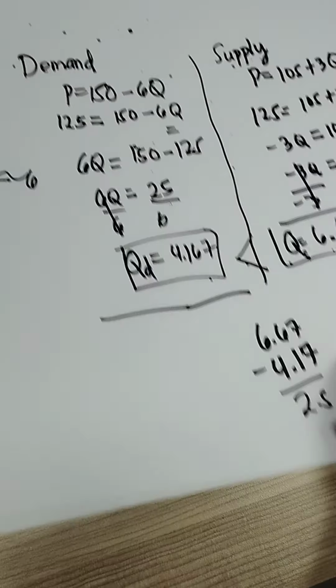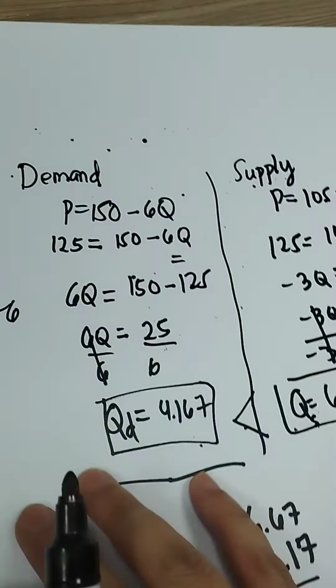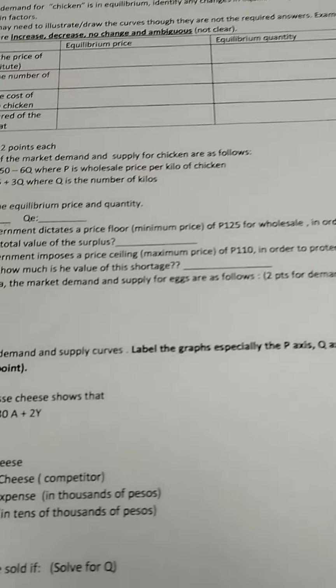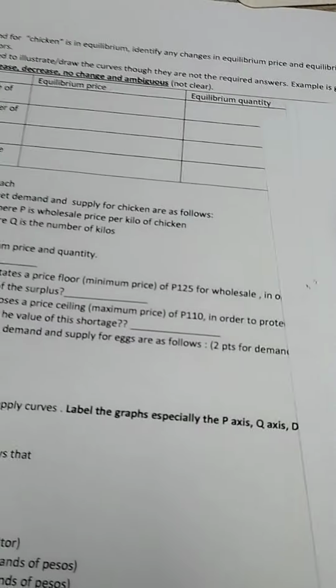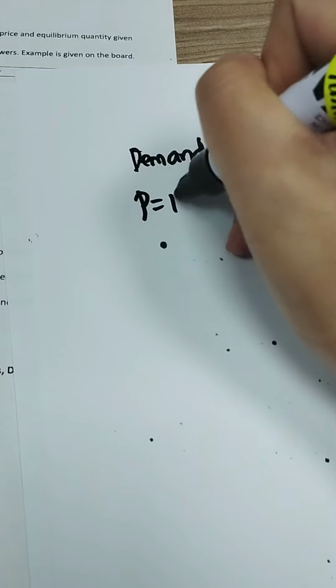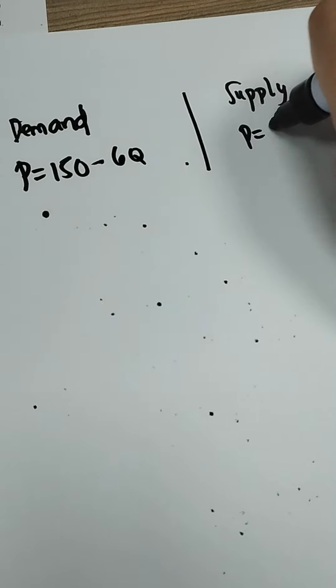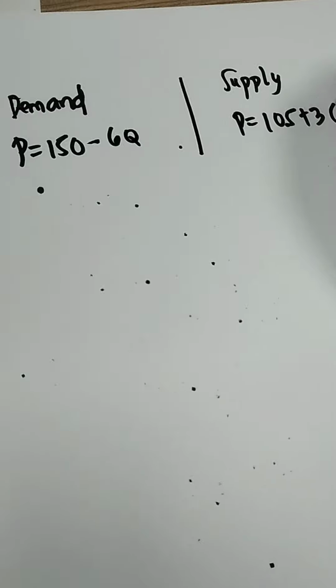Okay? Now, let's check again what happens if the price is changed. If the price is changed to 110, it's cheaper. Earlier, it was more expensive. So, let's again write the demand equation so we will not get confused. This is P is equal to 150 minus 6Q. And then for the supply equation, that is P is equal to 105 plus 3Q.